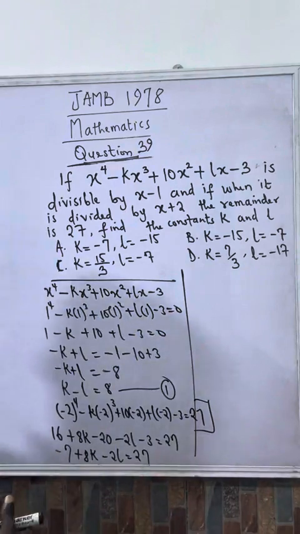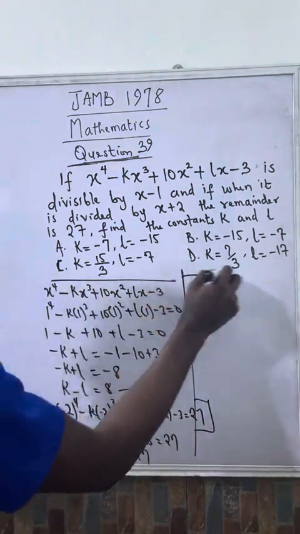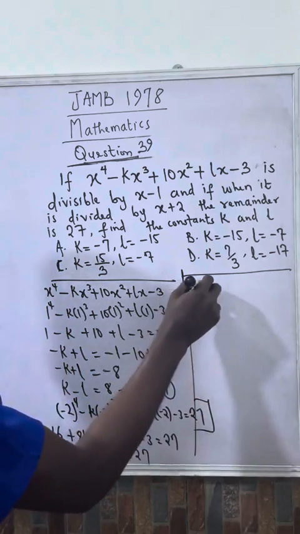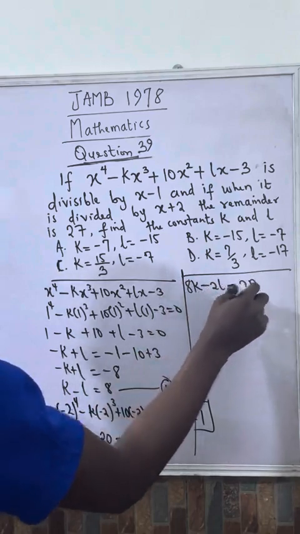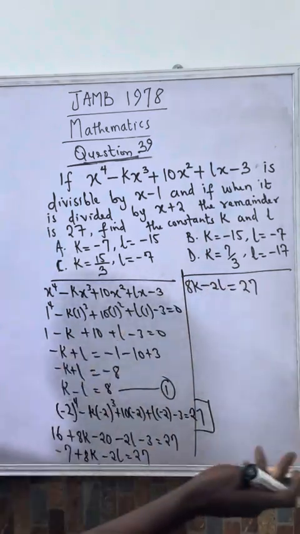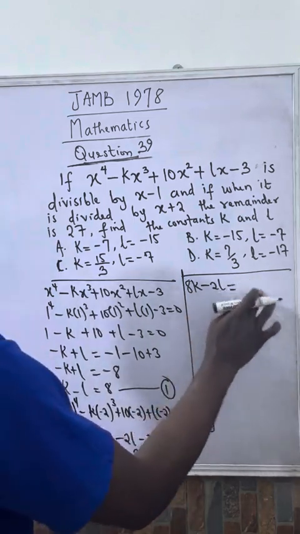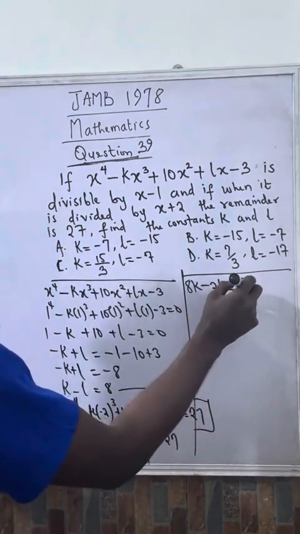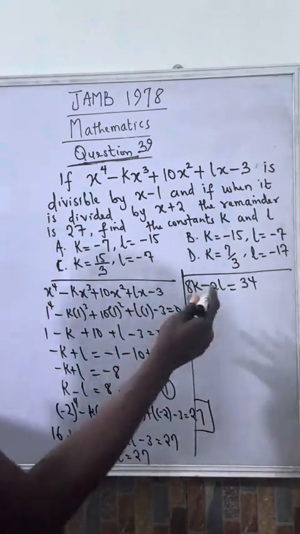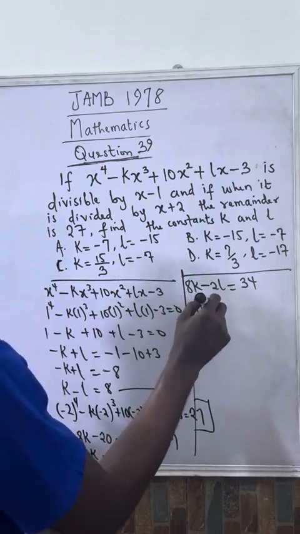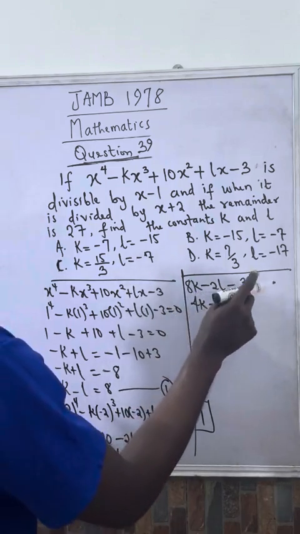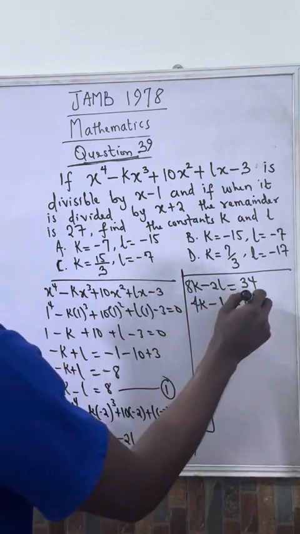From here, let me bring the 7 to the other side. So I'm going to have 8k minus 2l equal to 27 plus 7. 27 plus 7 will give you 34. But we can reduce this by dividing through by 2. So this will give me 4k minus l equal to 17.